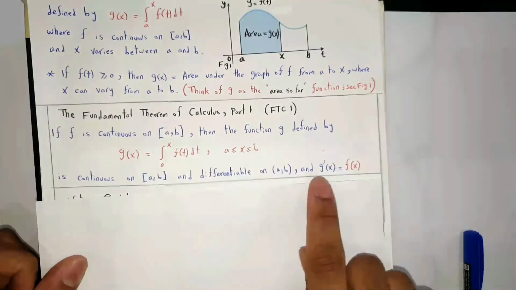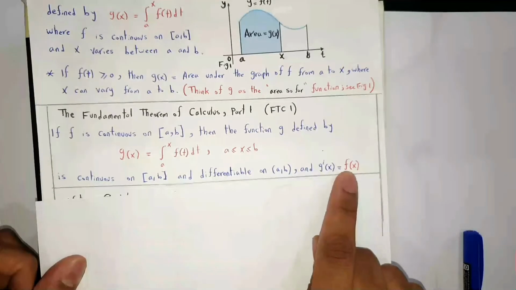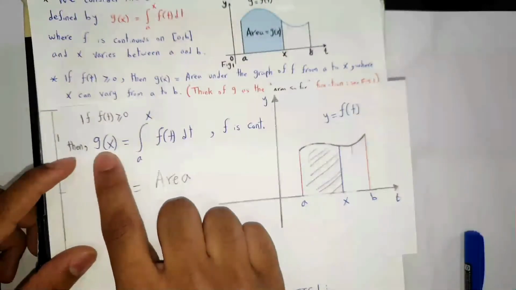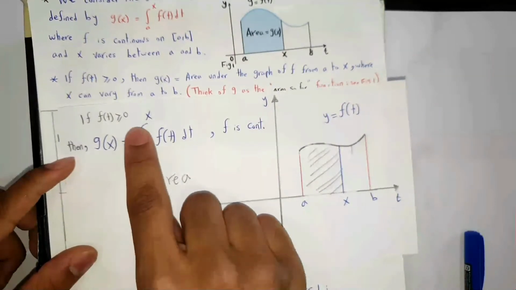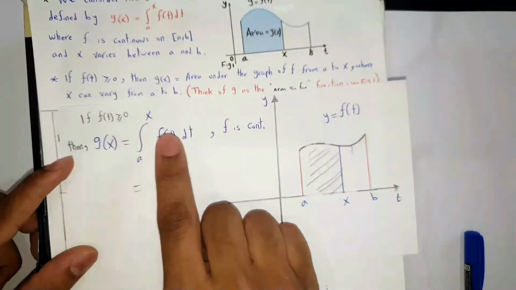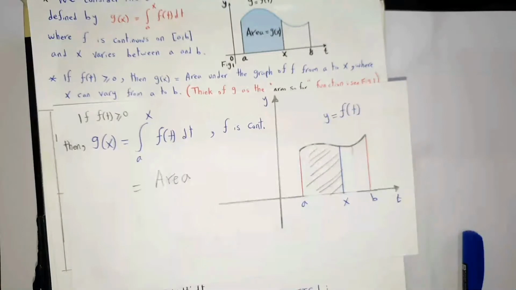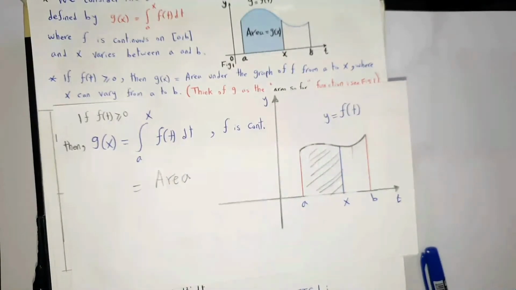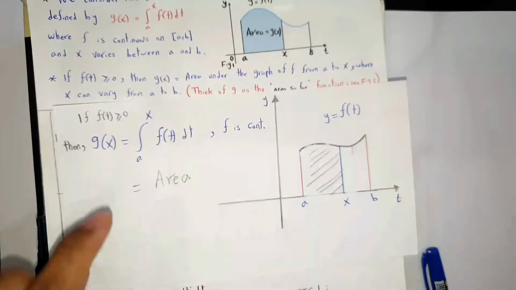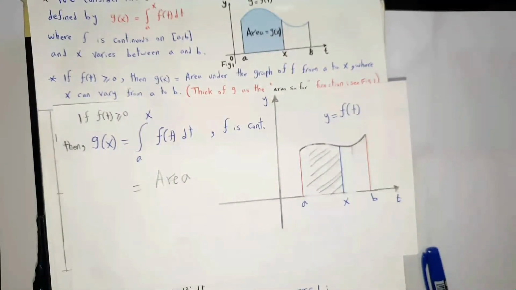And also g prime of x will be f of x. See it here. If you differentiate, you will kill this integral operator and you will get back f of x. Is it clear? So we can see the inverse relationship between the derivative and the integral. I mean, the derivative operator will kill the integral operator.